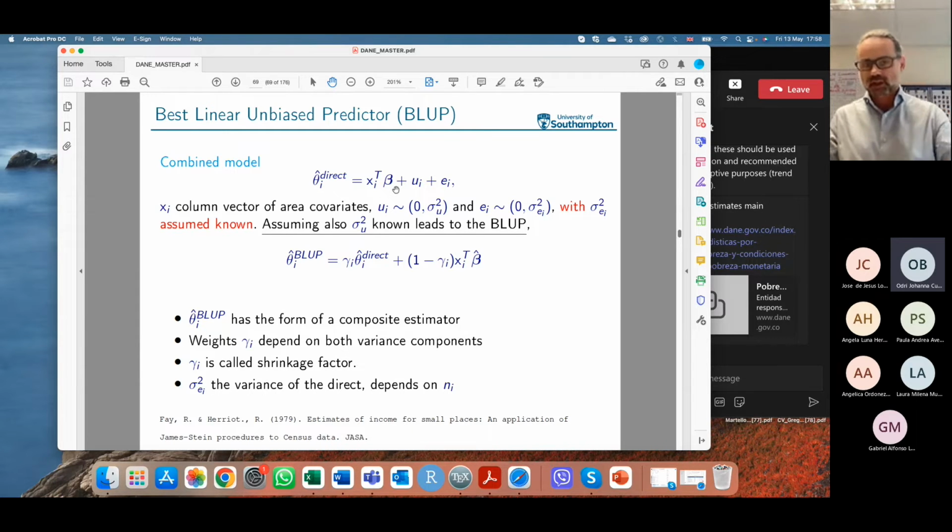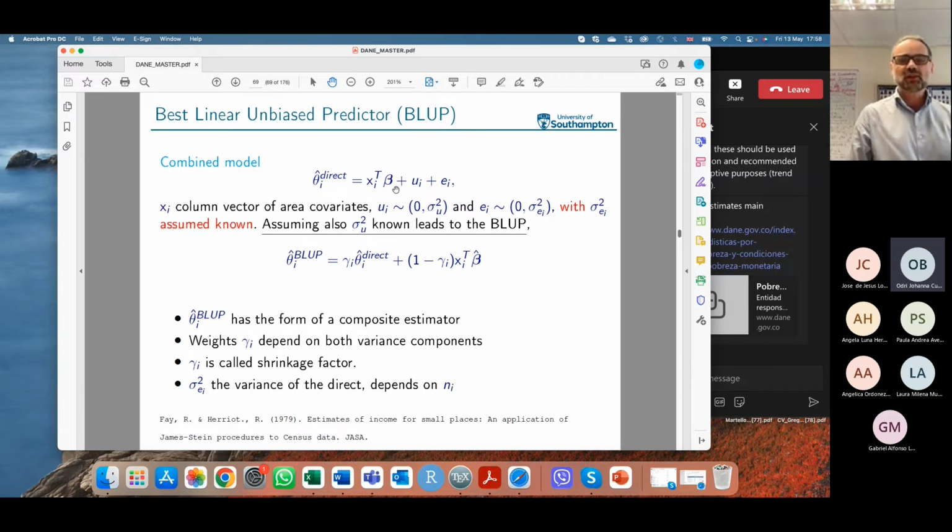You need a set of covariates x_i at the area level, and you need the estimated sampling variances of your direct estimates. So what you did in session 1 is the basic data setup that you need in order to estimate the area level model.